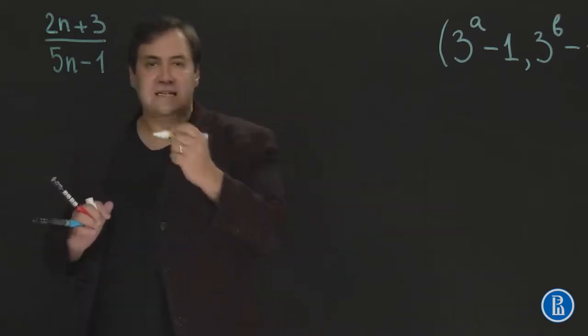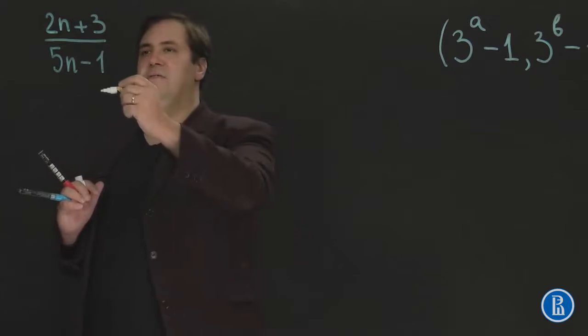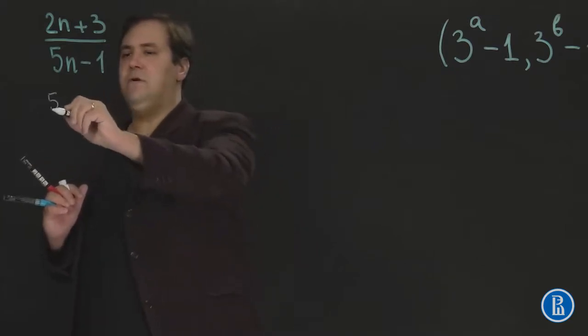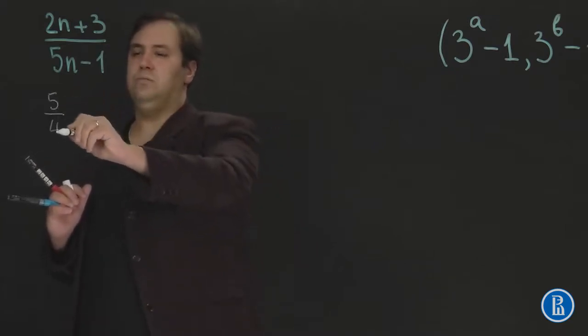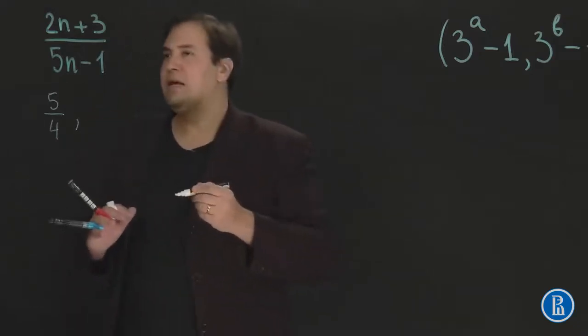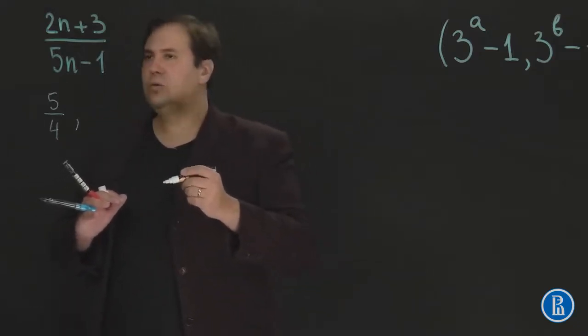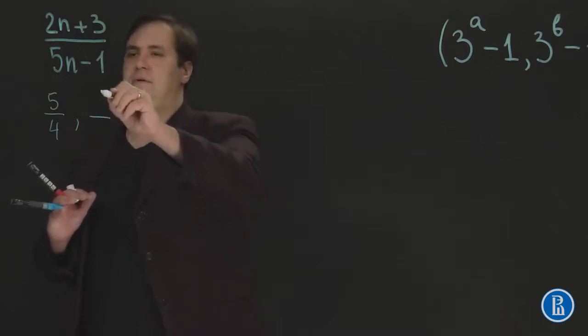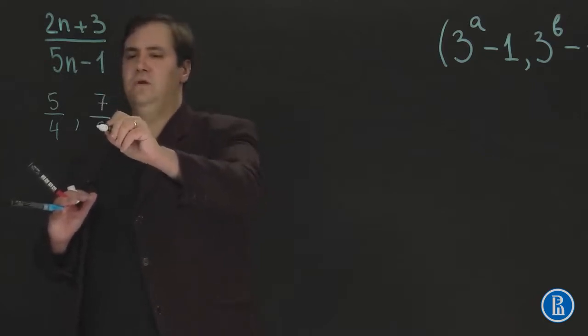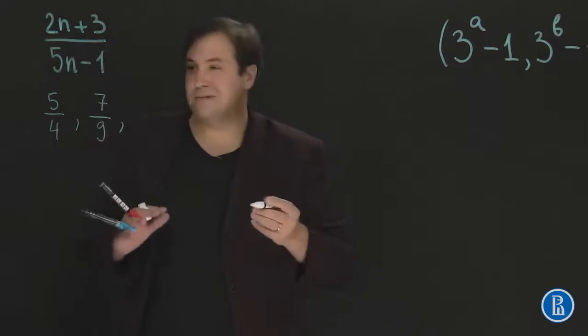For instance, if n is equal to 1, then we have 5 over 4. Well, it's irreducible. If n is equal to 2, then we have 7 over 9, also irreducible.